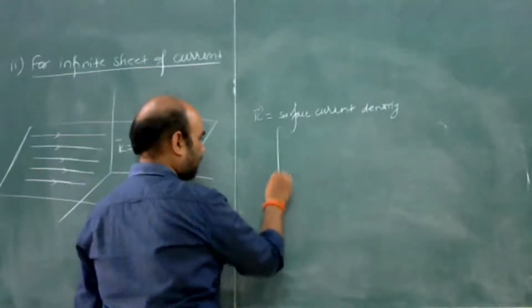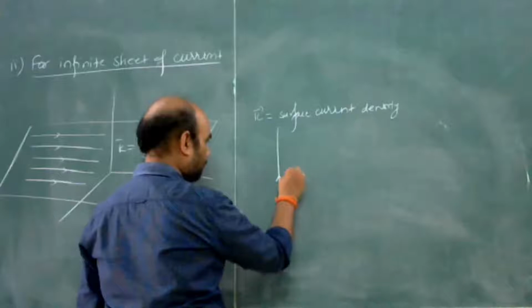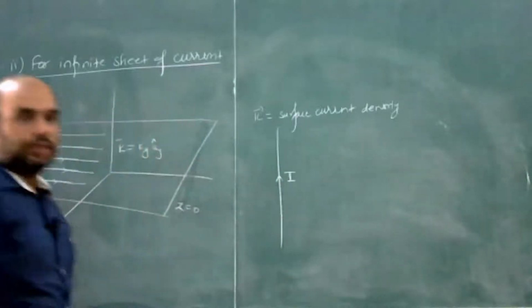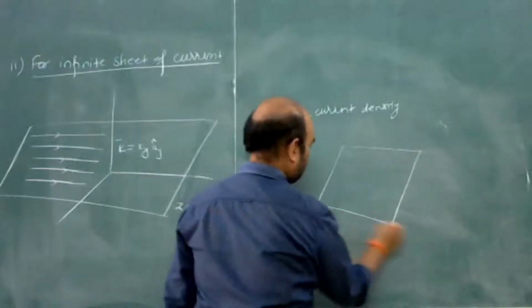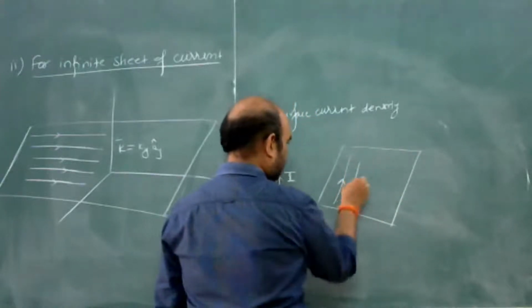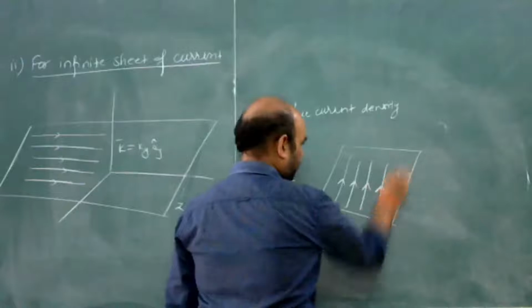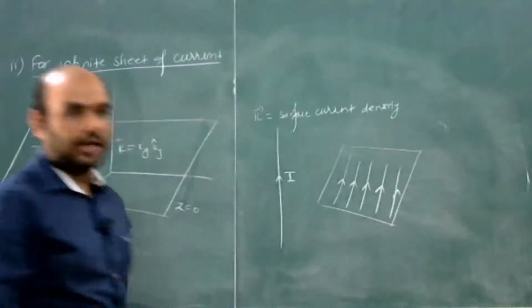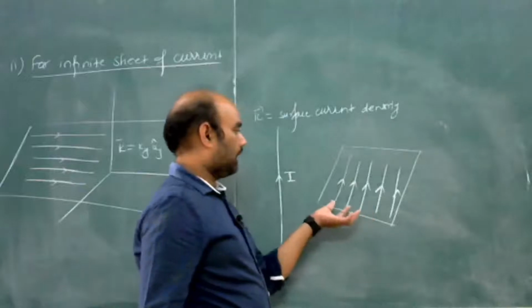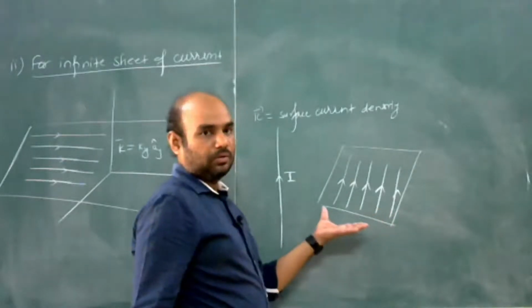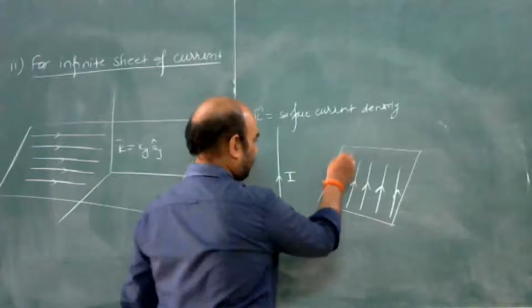This is current filament I. Then we have a sheet of current like this. If we take a wire of conductor, and there are n number of wires placed, current flows through this.